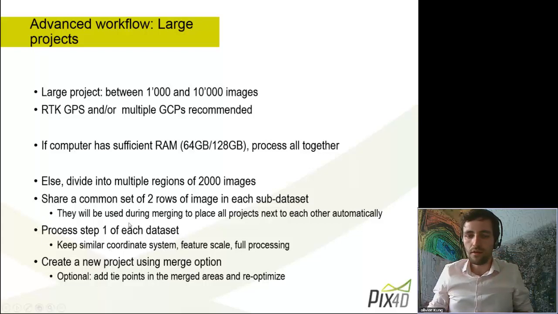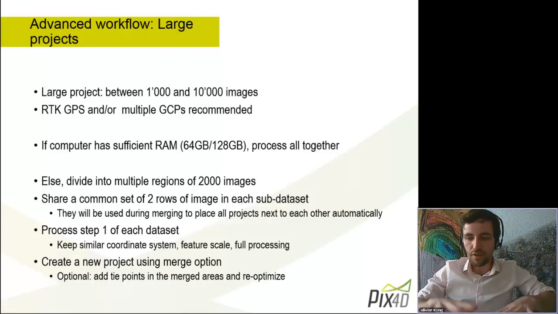So you can check step 1 and uncheck step 2 and step 3. A very important thing is that you also need to make sure they are each in the same coordinate system, and that you use the same feature scale and full processing mode when processing each of them individually.